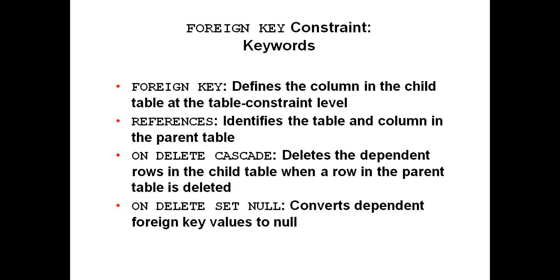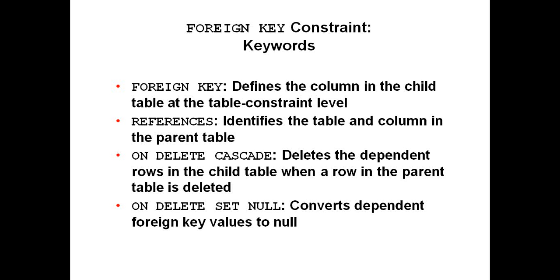So this is what Pallavi was referring to earlier, that if one table gets updated, then automatically the other table also will get updated. So how is that possible? With the help of this option, on delete cascade.